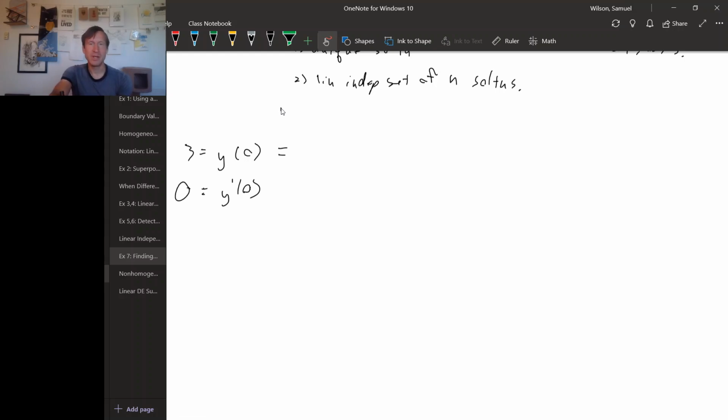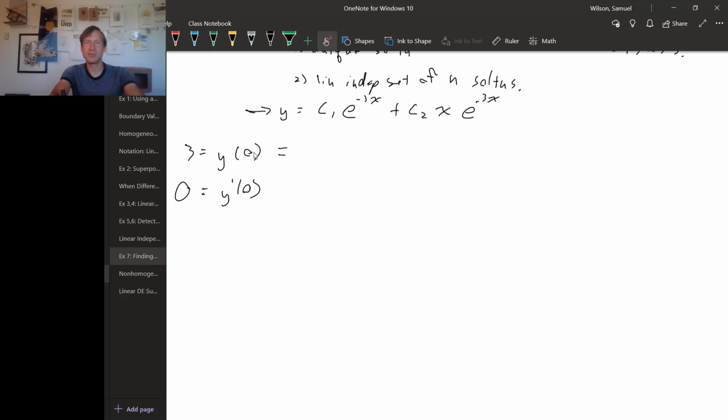And right, we know that every solution is going to look like some combination of our fundamental set. So some constant c1 times e to the minus 3x plus some other constant c2 times x e to the minus 3x. So we can use our initial conditions together with this general form for a solution.